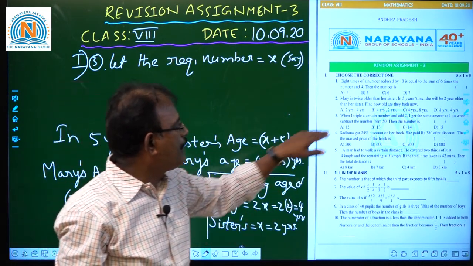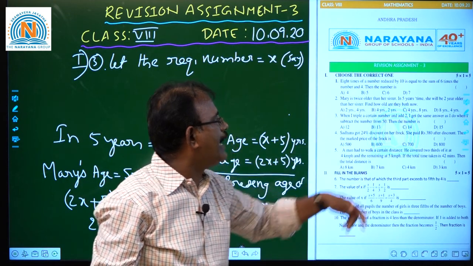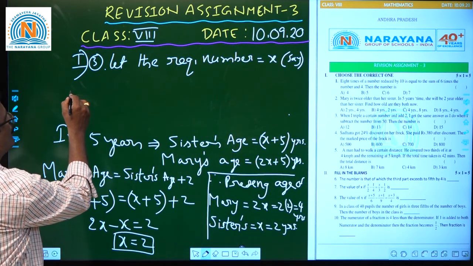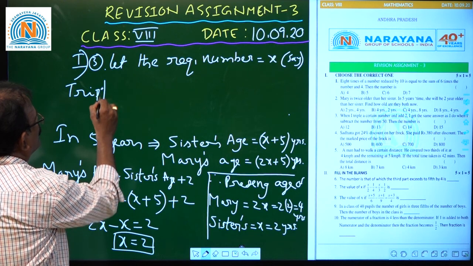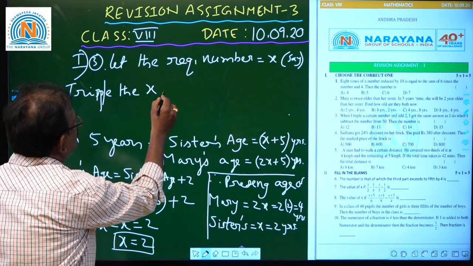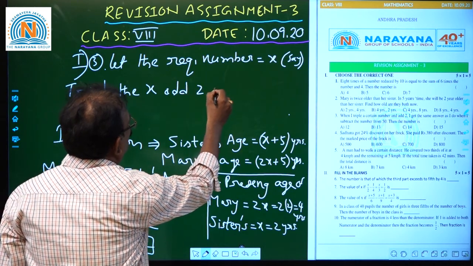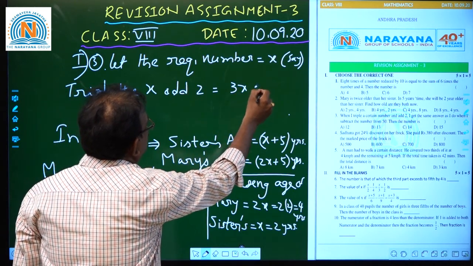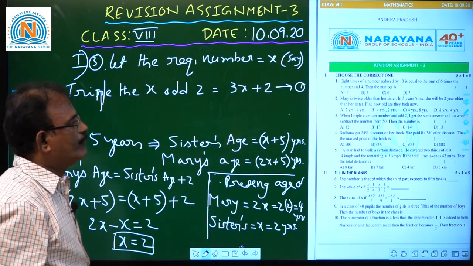Then triple means multiply 3 times and add 2. So tripling the number x and adding 2 is 3x plus 2, the first relation.